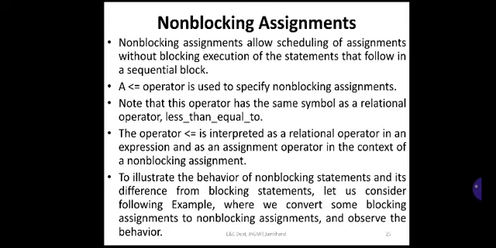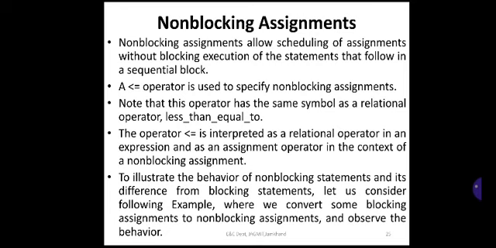The operator used is the same, but the operation is different here. It is an assignment operator. Which kind? It is a non-blocking assignment operator.